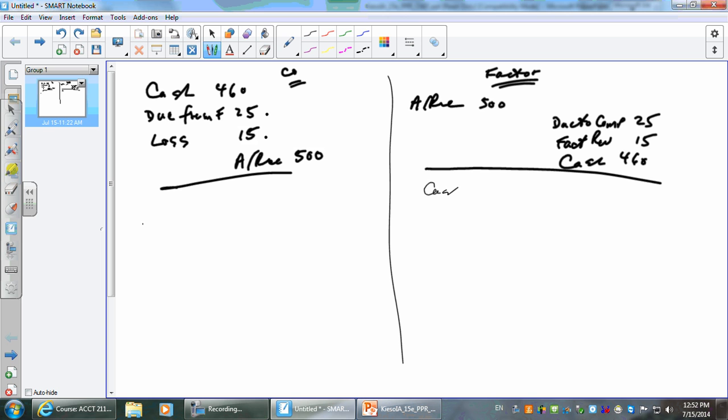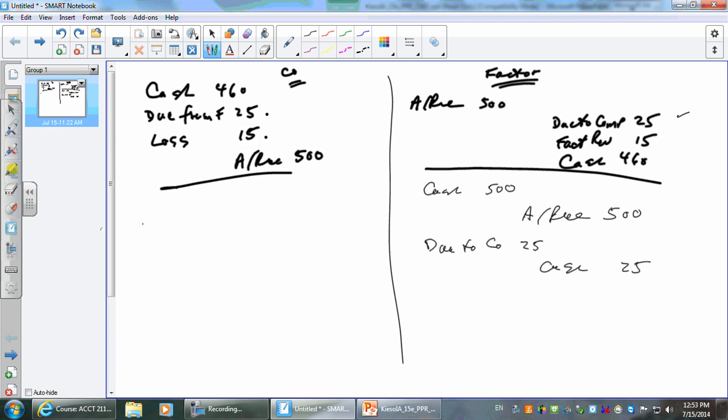Debit cash, 500. Credit accounts receivable, 500. Sound good? That's it, they're done. Then what would they do? They would pay the company its 25,000, wouldn't they? Debit due to company, 25, and credit cash, 25.